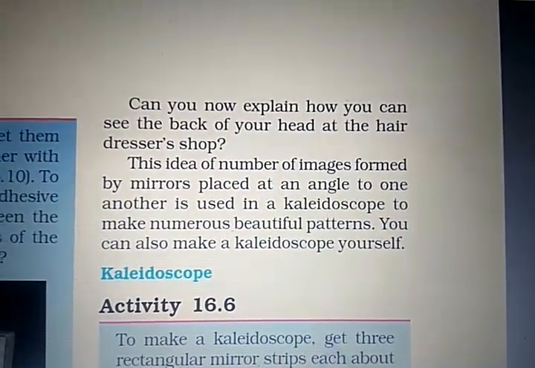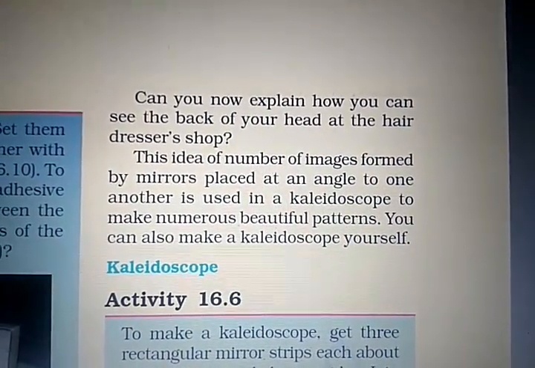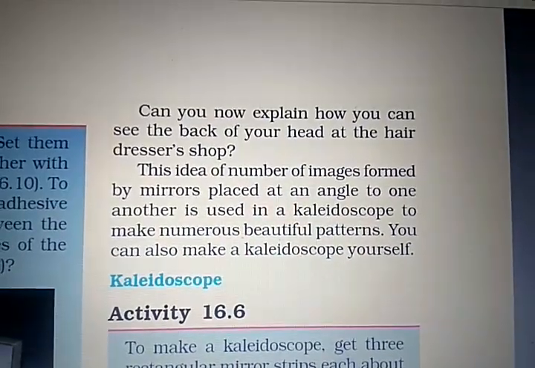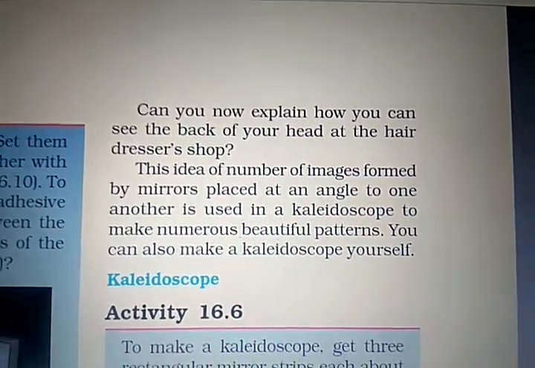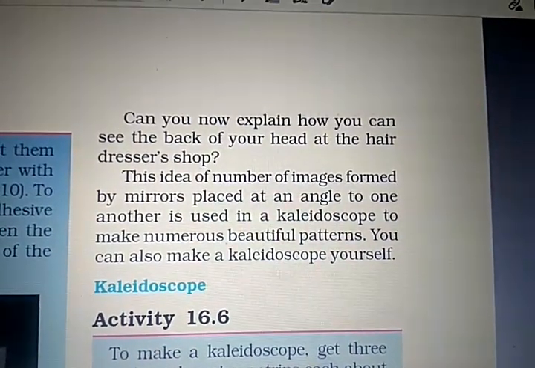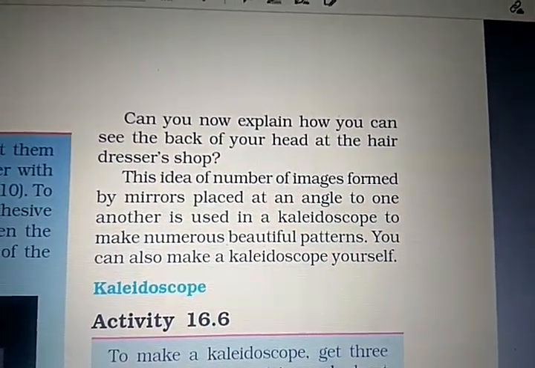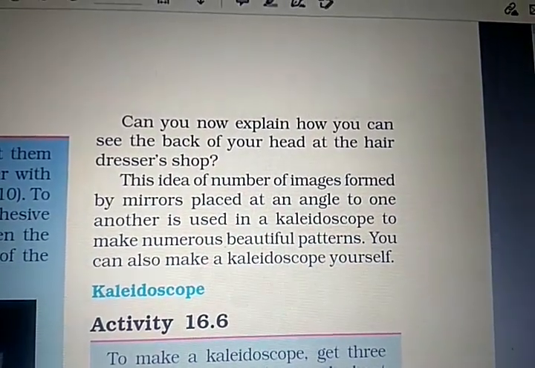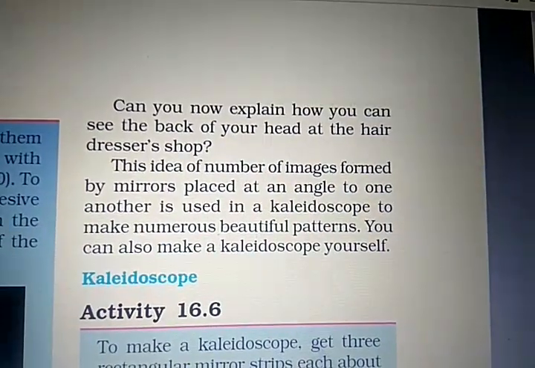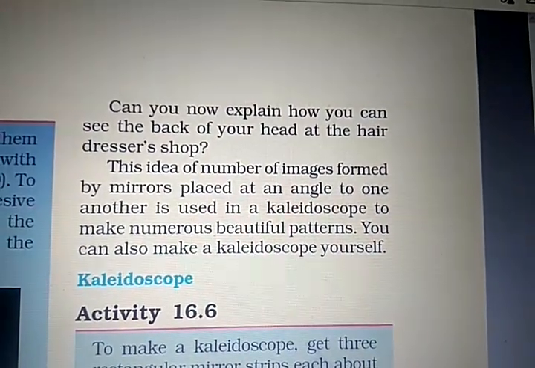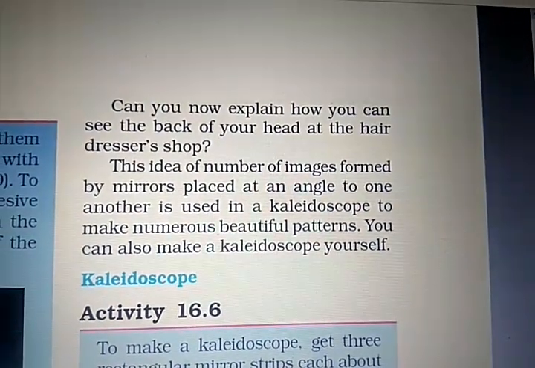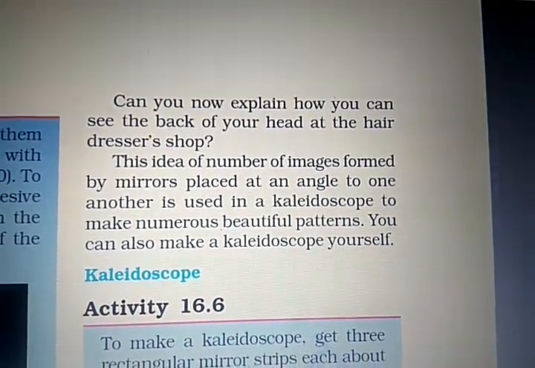So this activity you can do at your home. You take two plane mirrors and keep them at 90 degrees, 45 degrees, with the help of a protractor. You draw the two lines, two angles, and at those lines you keep the mirrors, at 60 degrees, 45 degrees, and in between you keep objects, like a coin or a key, whatever, and you see how many keys or coins you can observe in the mirror.